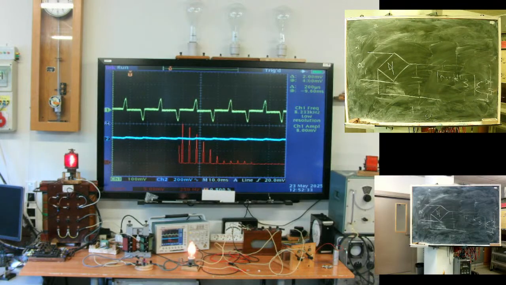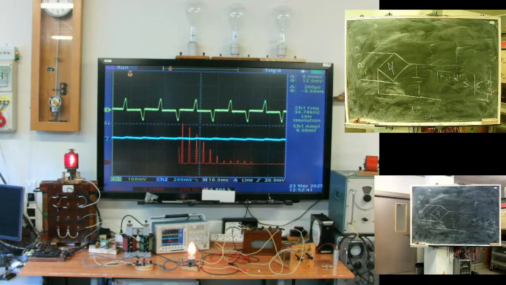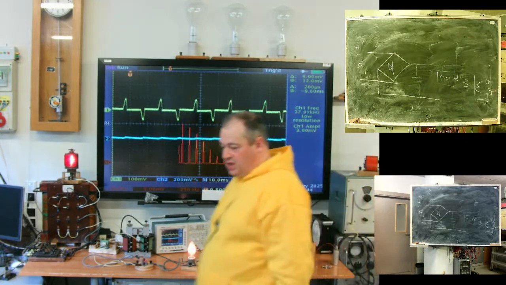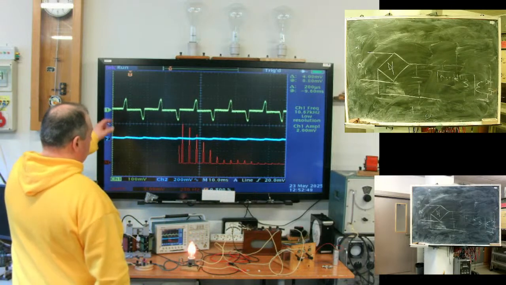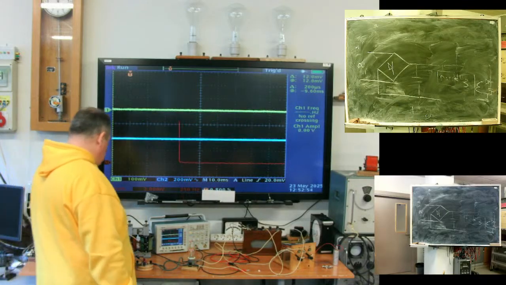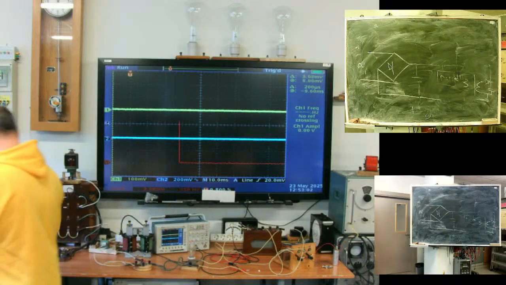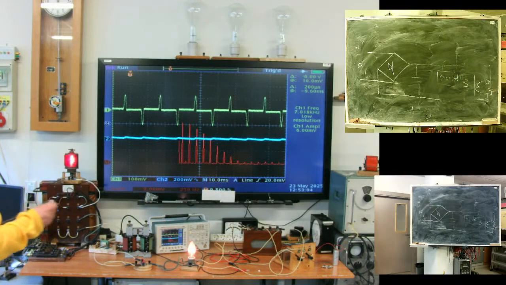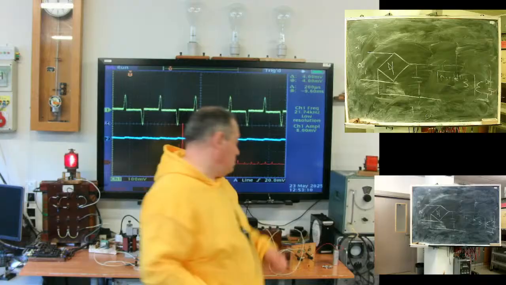You will see in every modern equipment a DC stage at the input, and a DC stage at the input means the current in your network will look like this. You see it, all this nice spectrum.